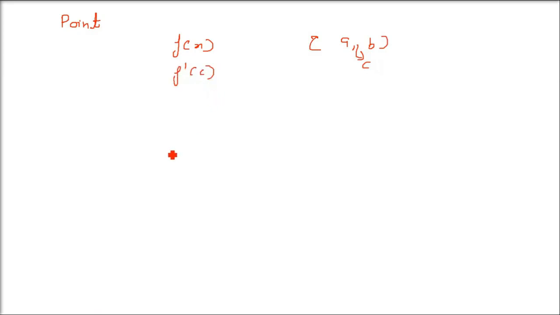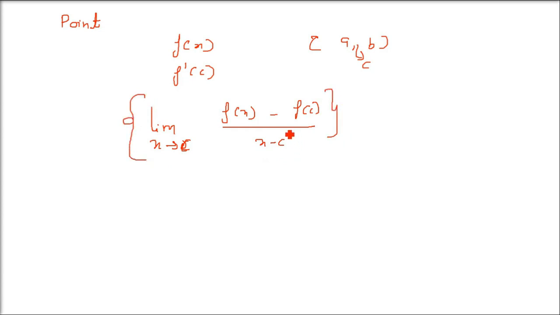So if we are interested in f dash c, that is, you want to find out a derivative, essentially we are trying to find out the limit. So this is limit x tends to c of f(x) minus f(c), that is the value of function and the value of function at this c point, divided by x minus c. This is the derivative.